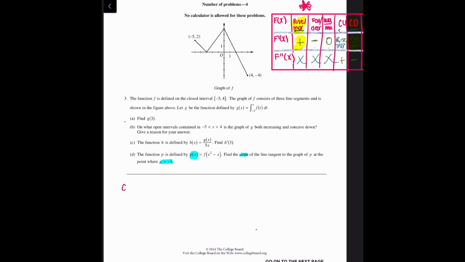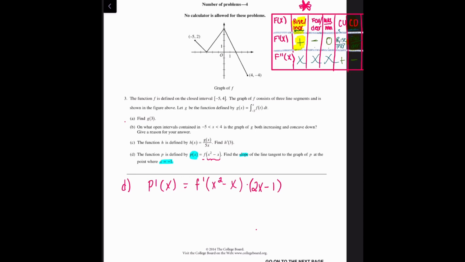So part D, to find p prime of x, think of what derivative rules apply. You have a function within a function, it's composition, so we're using chain rule. So step 1 is the derivative of the outer function times the derivative of the inner function, which is 2x minus 1.